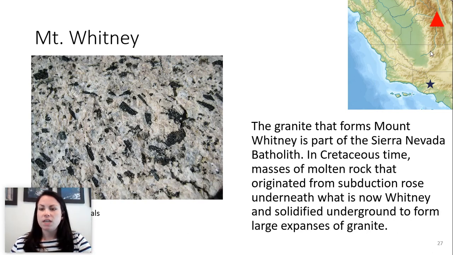And in Cretaceous time, millions of years ago, the masses of molten rock that originated from the subduction zone rose underneath what is now Whitney and solidified underground to form large expanses of granite. So here's an example of granite from Mount Whitney. So if you're up this way near the Sierra Nevadas, you might see some of this granite. Granite is very abundant in the Sierra Nevada region.